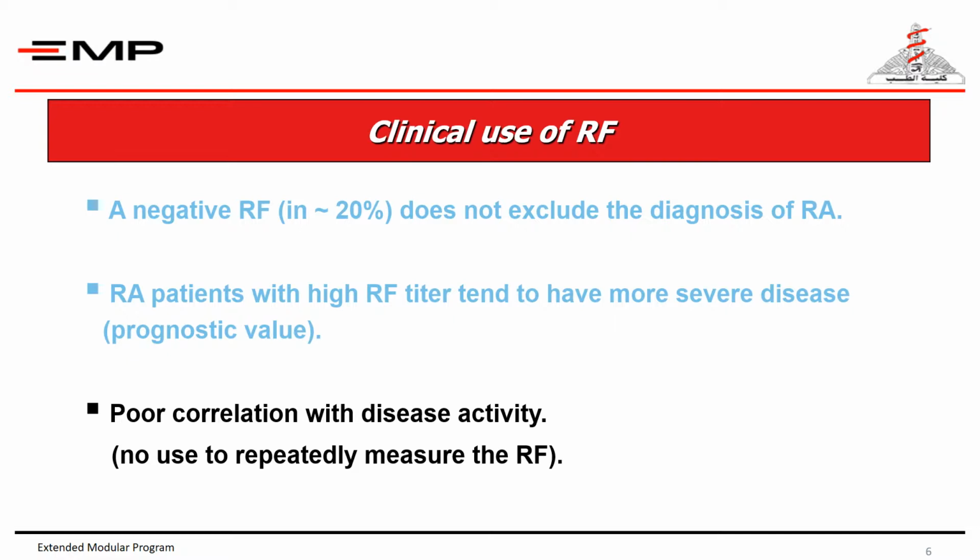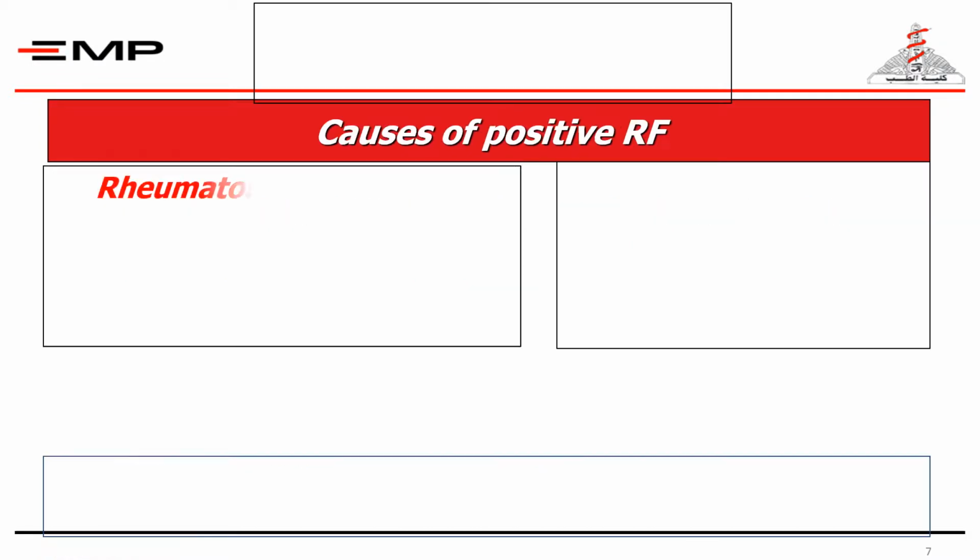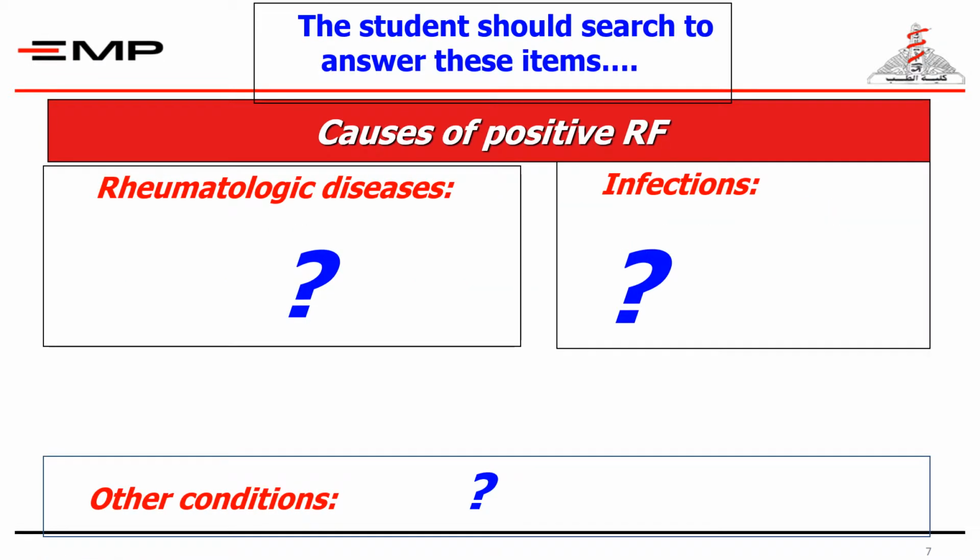So, no use to repeatedly measure the RF. Causes of positive rheumatoid factor are either in rheumatologic diseases, infections, or other conditions. The student should search and answer these items in the face-to-face session.